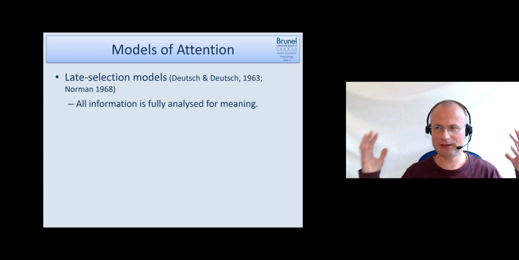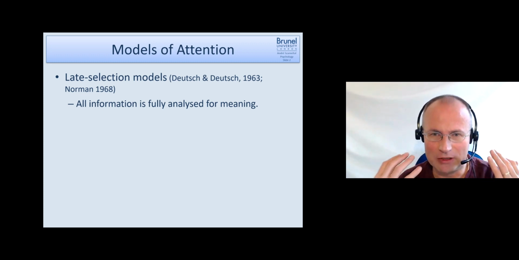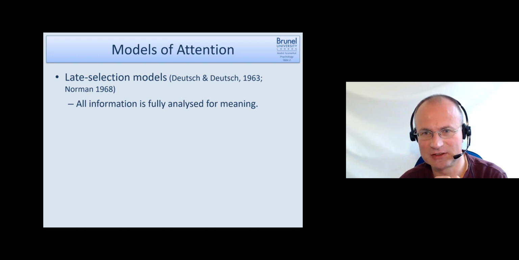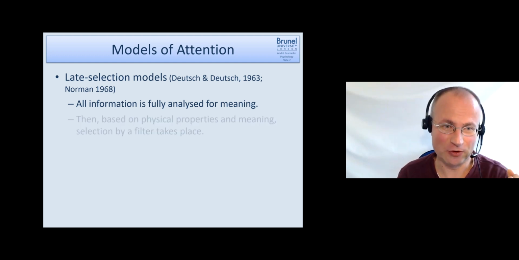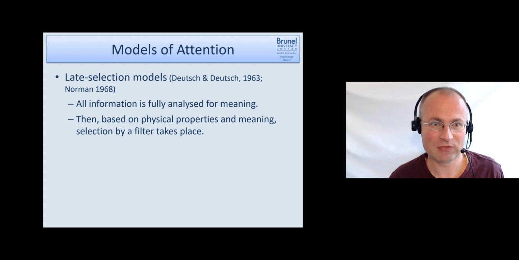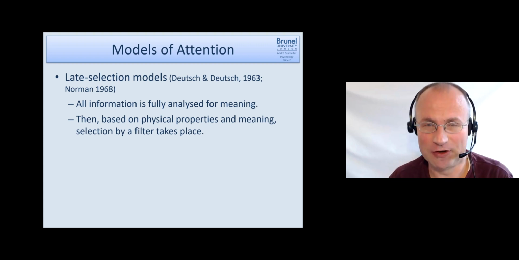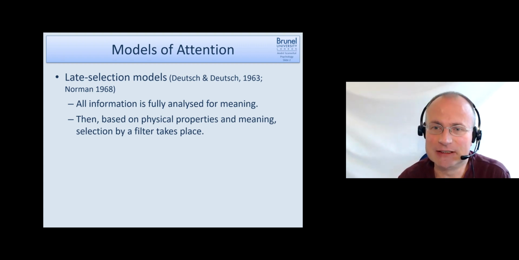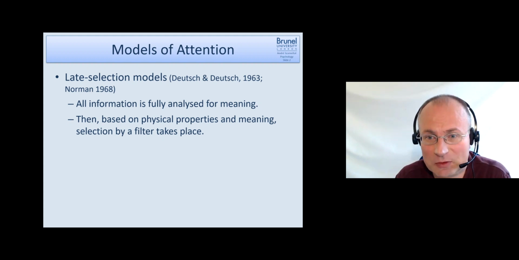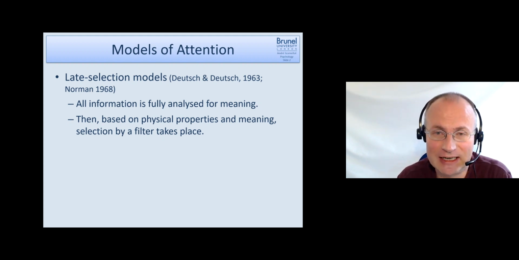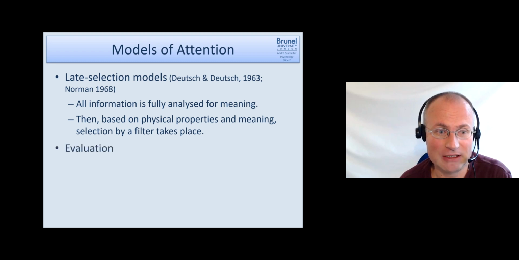That means everything which comes in, our mind analyzes up to the level of meaning. And only then, later on, the unattended message is filtered out, and now we can use the physical properties as before, but we could also select by the meaning of the message because it's analyzed and we have the meaning.